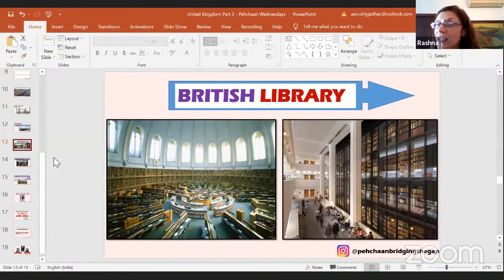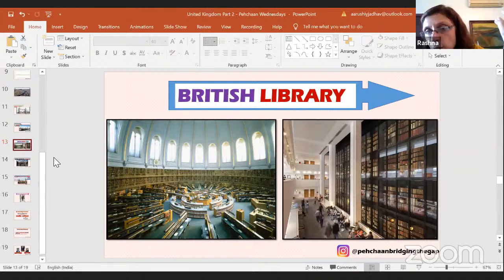Okay. So we spoke about the bridges of London, which make London special, about the River Thames. And now I'm going to tell you a couple of other interesting things about London. One of the most fabulous things in London is the British Library. Now everybody's seen a library. You have a library in school, you have a library in college.